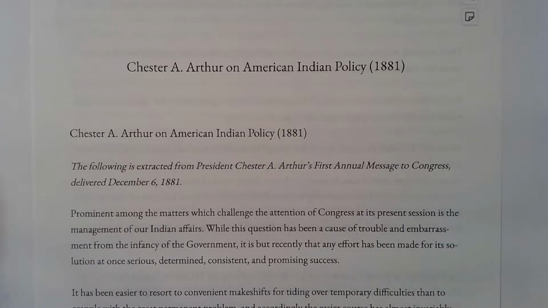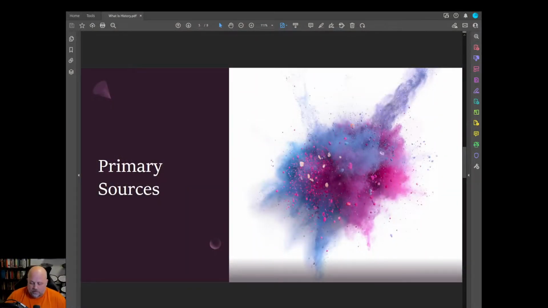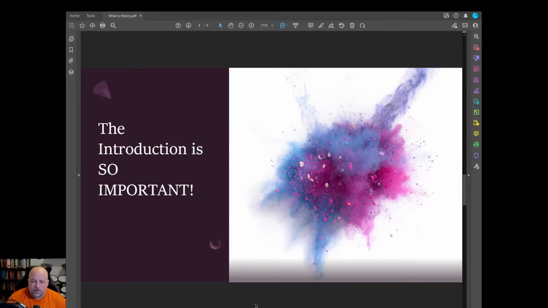In many ways, pre-reading and post-reading, when we're reading for an academic exercise, are as important as the reading itself. So, the first thing, before we jump into the source itself, is let me suggest to you that the introduction to a source is as important as any other thing in the source.